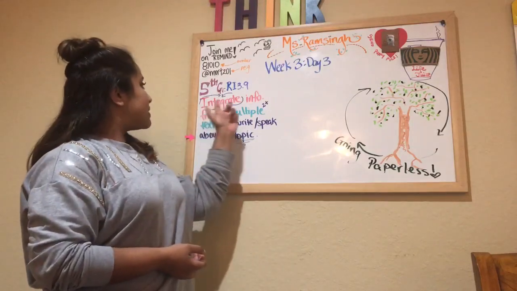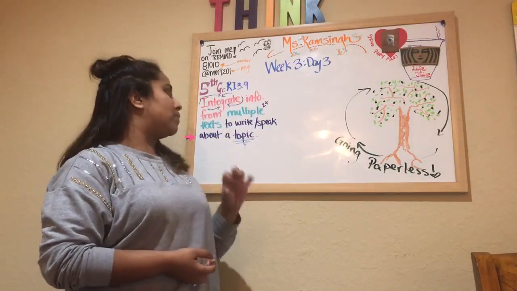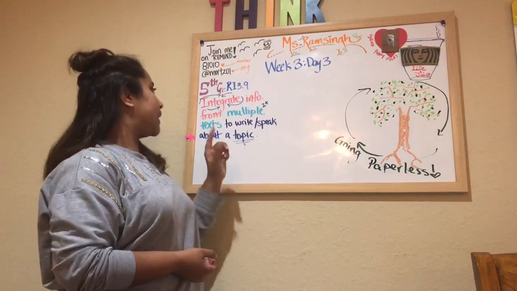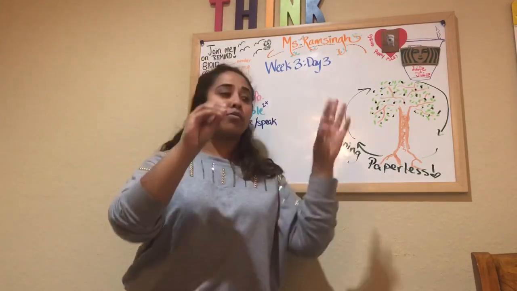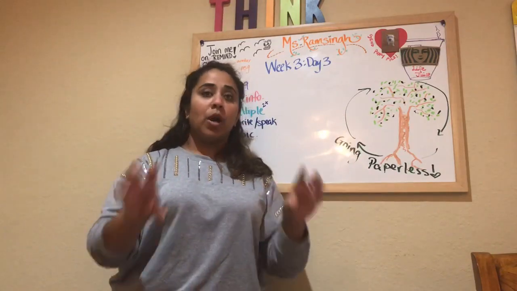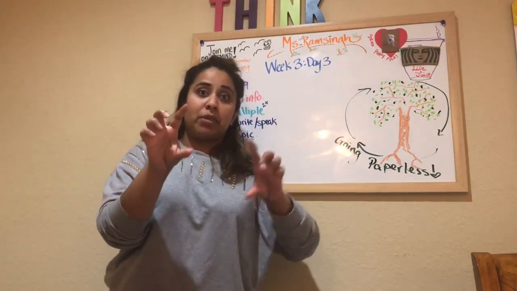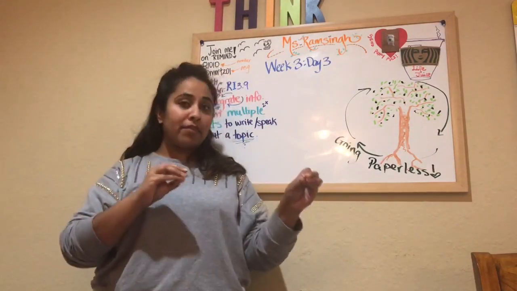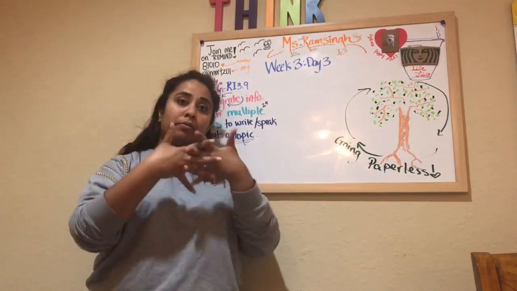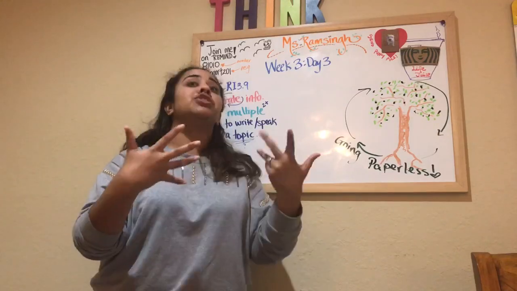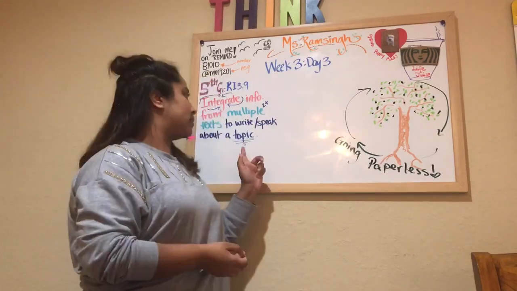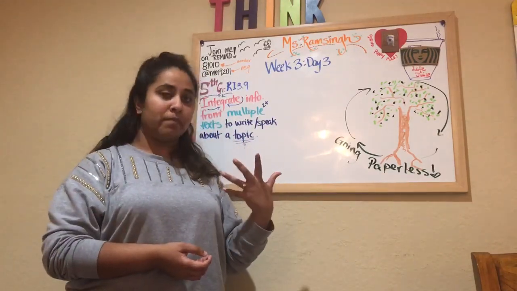So it says to integrate information from multiple texts in order to write and speak about a topic. When you think integrate, think about those hand movements that we've made before when it comes to synthesizing information. So you're picking information and you are blending it together in order to learn more and show that you've understood more about a particular topic or idea, okay?